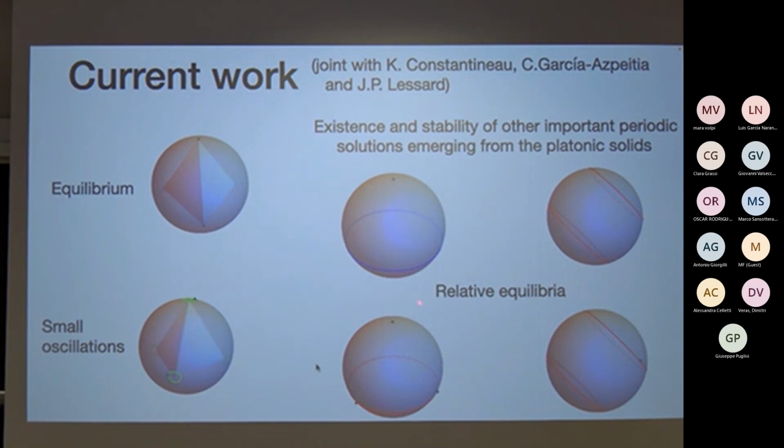So for instance, let me tell you what this solution that you see in blue is. I start with this equilibrium, I leave the north pole fixed, and the base of the triangle, I lift it a little bit upwards. That's going to be an initial condition for a solution that rotates steadily about this point. So this is a relative equilibrium.